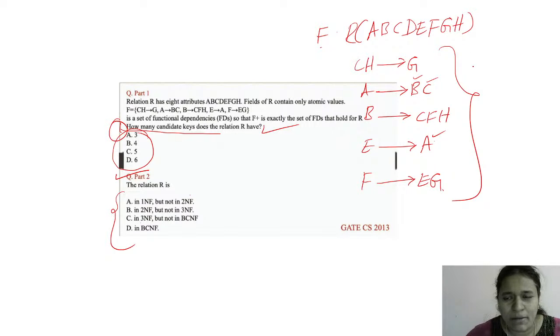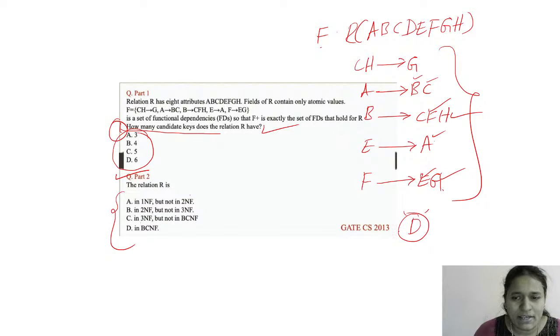That means D must be present in the candidate key because we are not getting D on any right hand side. Next, E is there, F is there, G is there, H is there. All are present except D. That means the attribute D must be present in the candidate key.